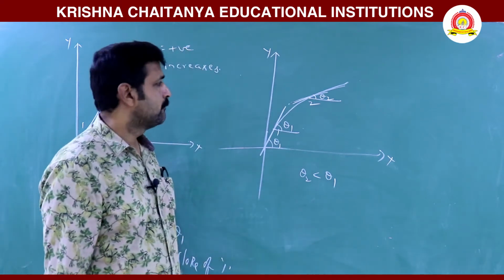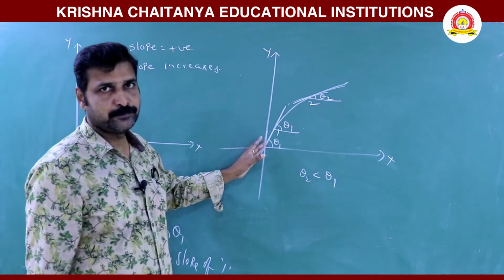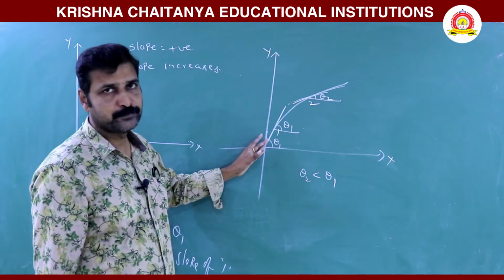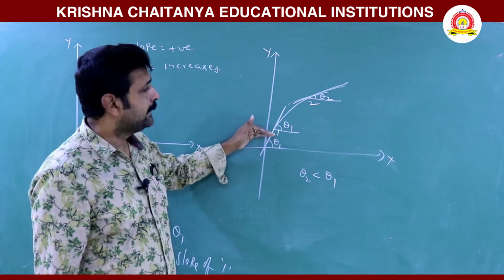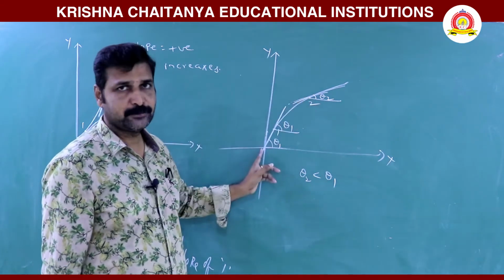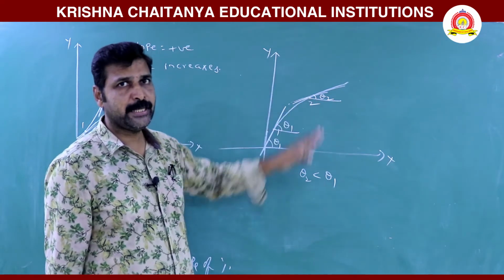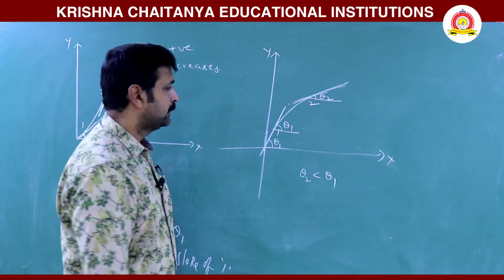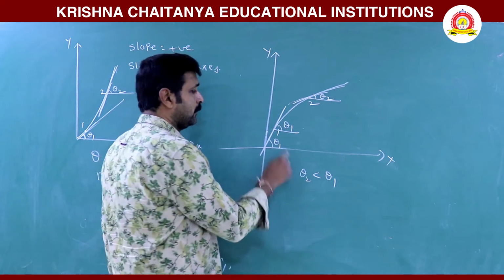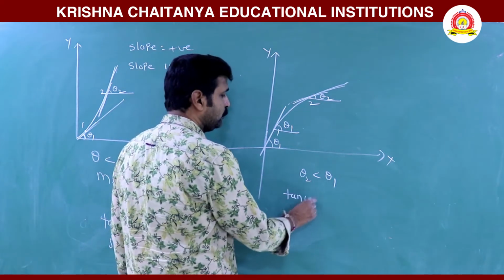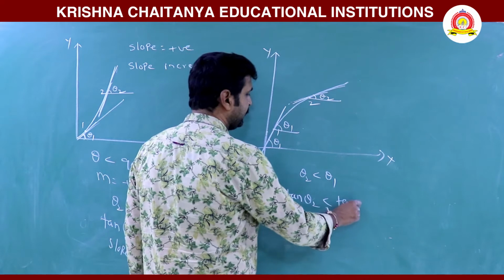Of course, here also the angle is less than 90 in the two cases. That means tan theta 2 is less than tan theta 1. Why?